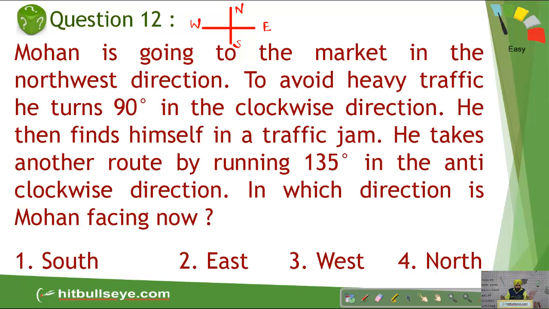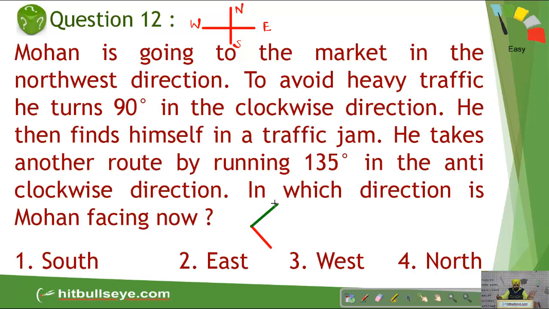Now as per the question, Mohan is going in the northwest direction. So students, if you say Mohan is here right now, so he will go this way. Now from here he takes 90 degree in the clockwise direction. From here, if you take 90 degree, it will be this and then this. So you can say Mohan will be going towards this direction.